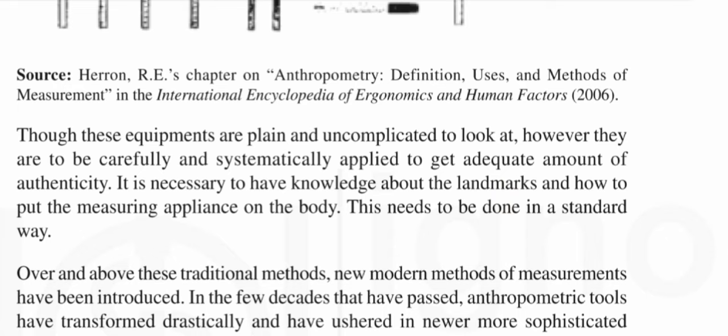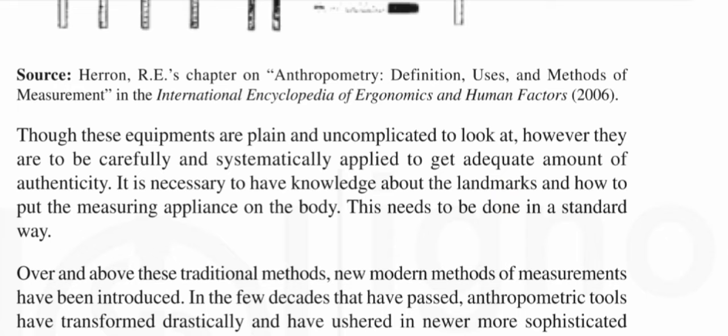Though these equipments are plain and uncomplicated to look at, they are to be carefully and systematically applied to get adequate authenticity. It is necessary to have knowledge about the landmarks and how to put the measuring appliance on the body. This needs to be done in a standard way.